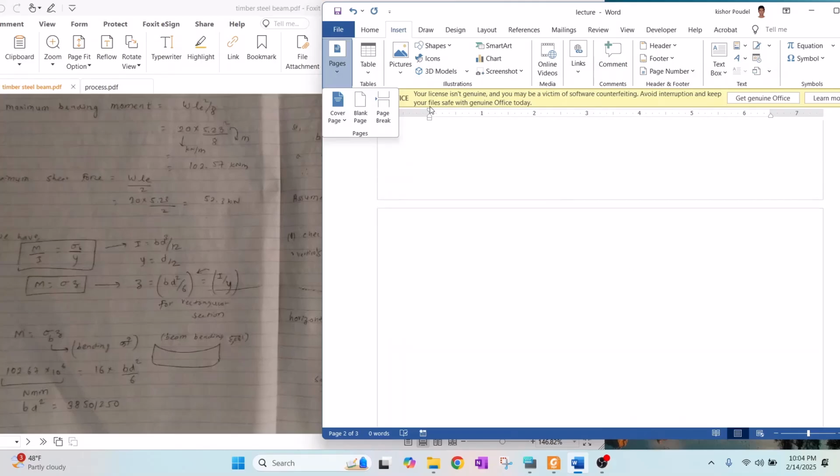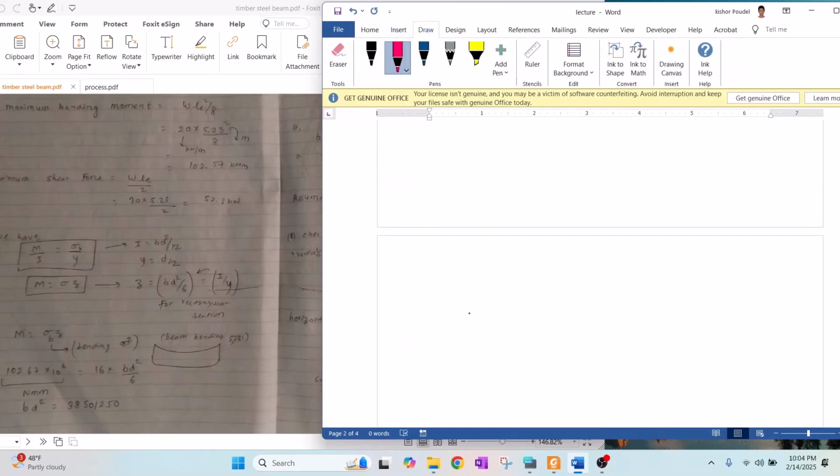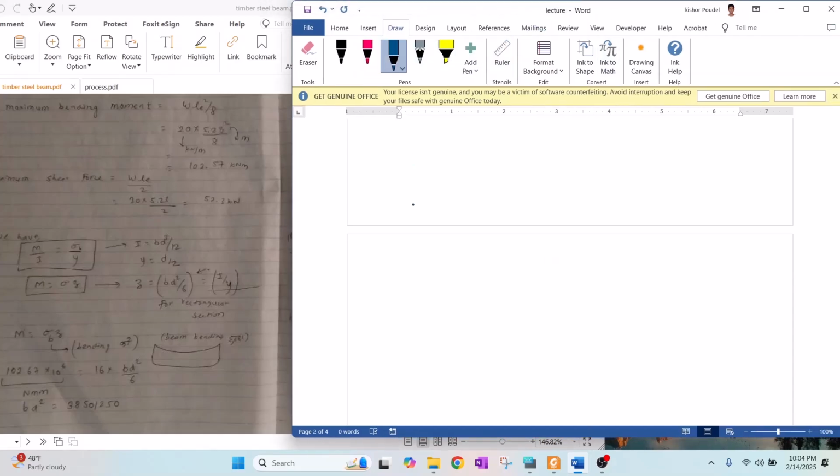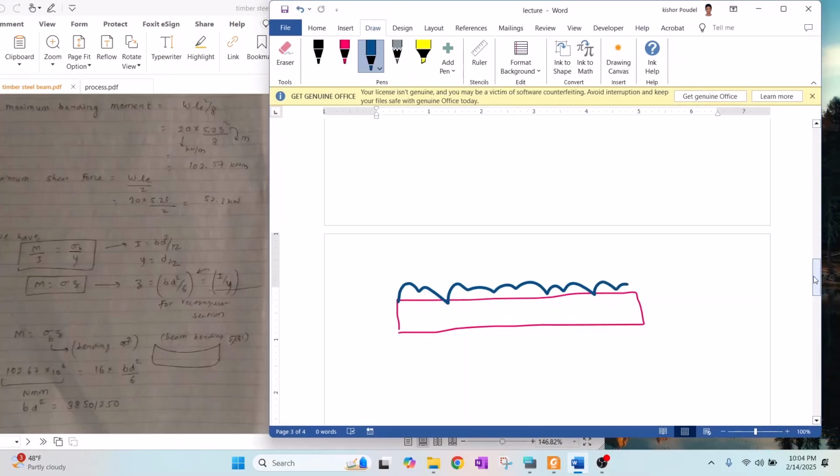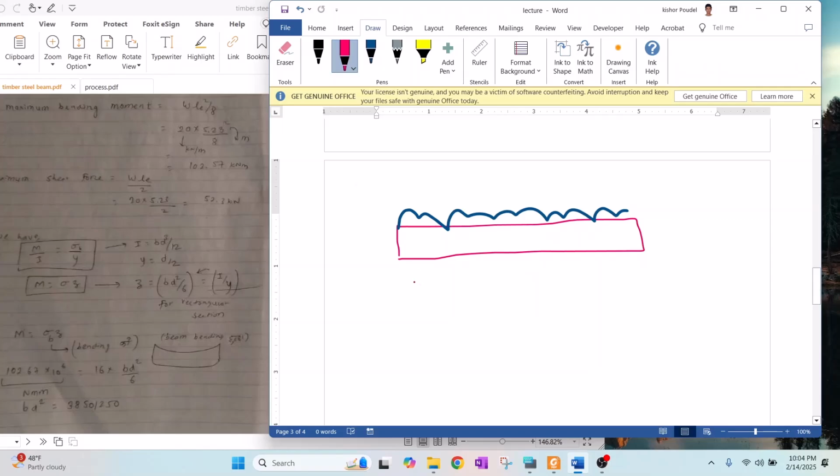So let's try to elaborate those parameters here. What does this mean? For example, before applying load, this is the beam, and this is the applied load. After applying load, the beam will bend like this.